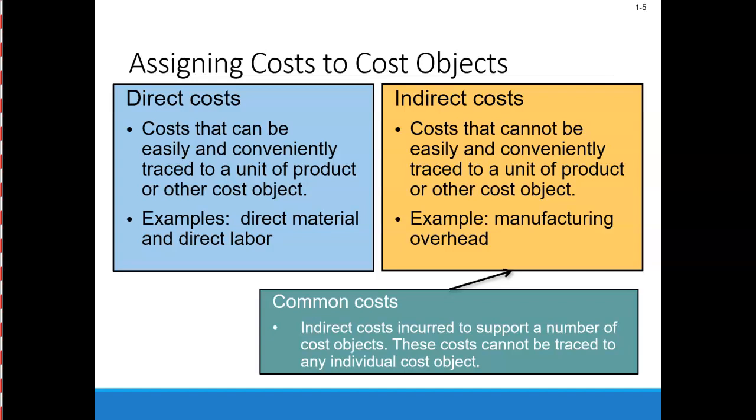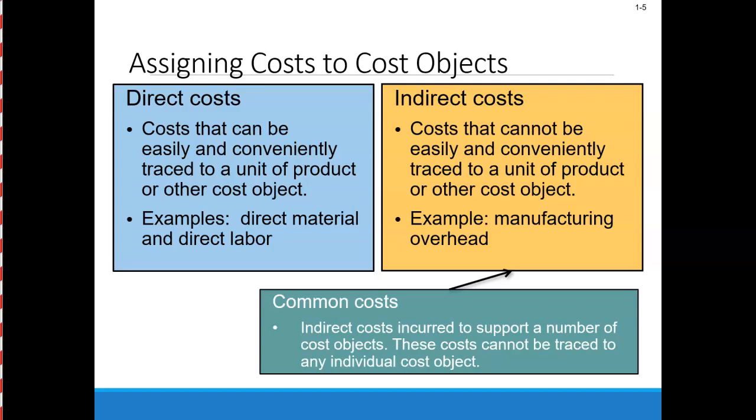Indirect costs are costs that can't be easily traced to a unit or cost object. It might be the grease for the machines. It may be the cafeteria in the factory for the employees to go eat.